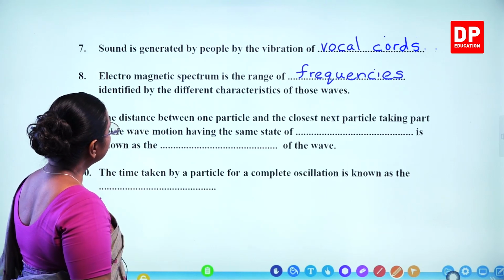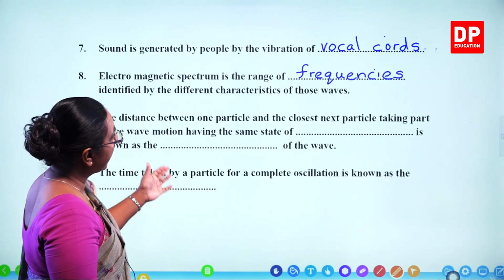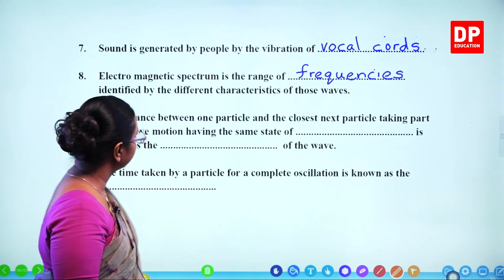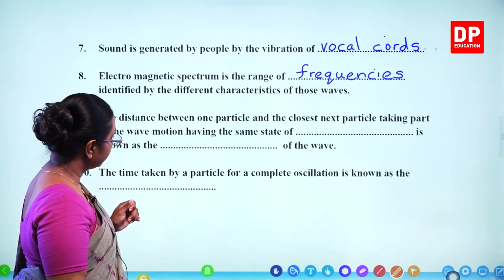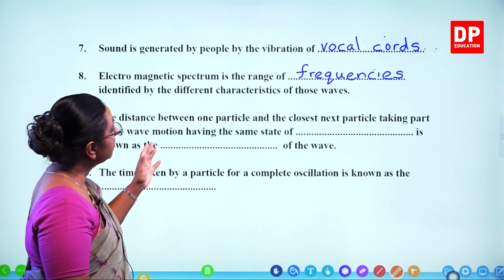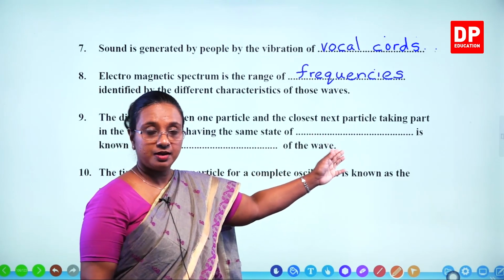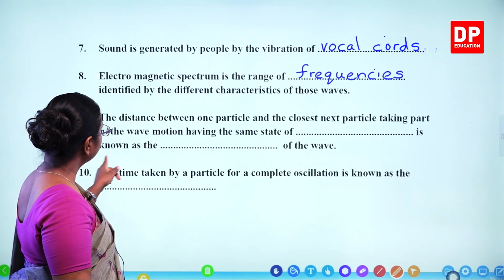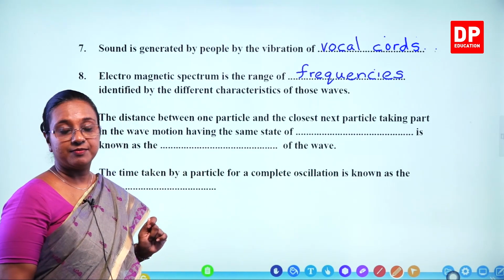The distance between one particle and the closest next particle taking part in the wave motion having the same state of dash is known as the wave.